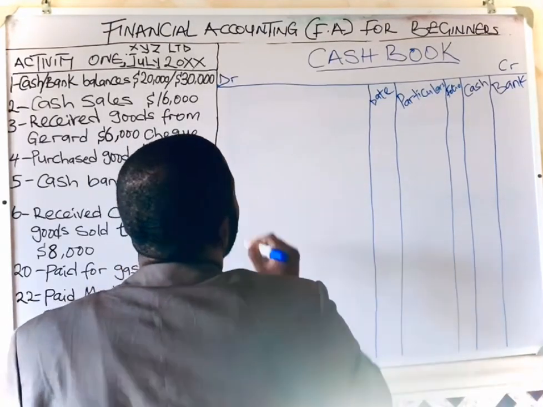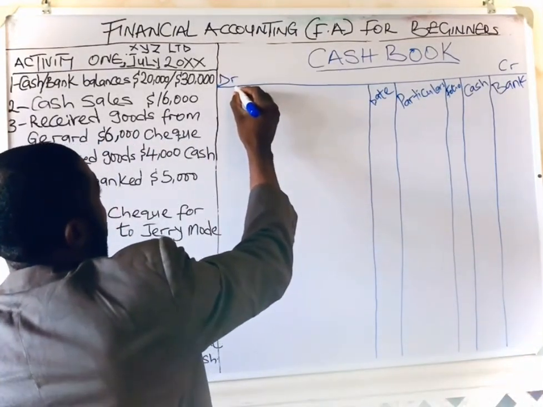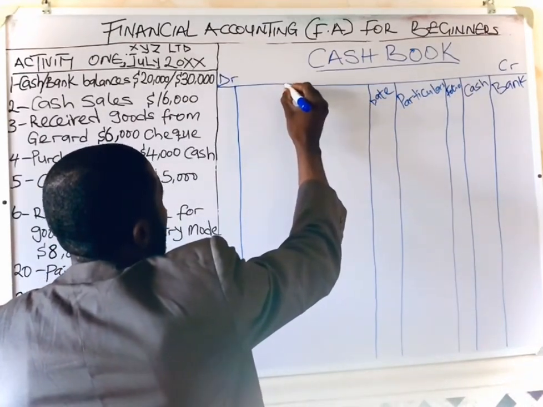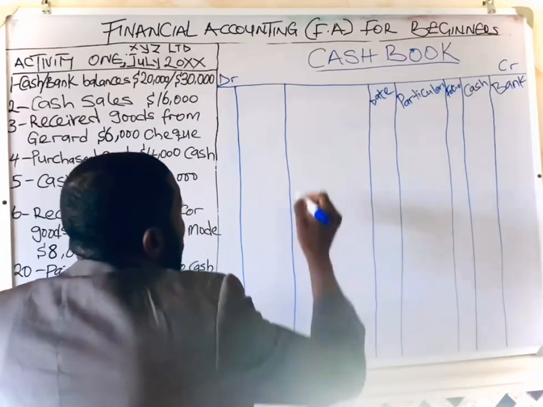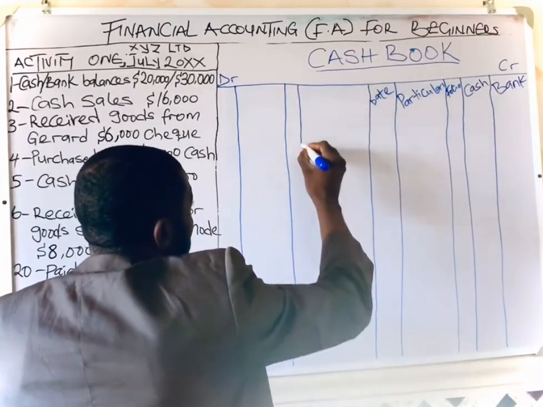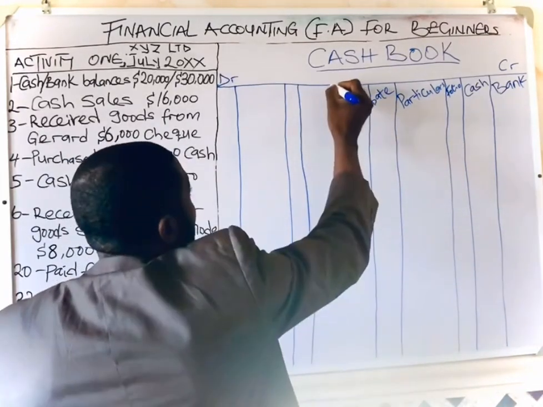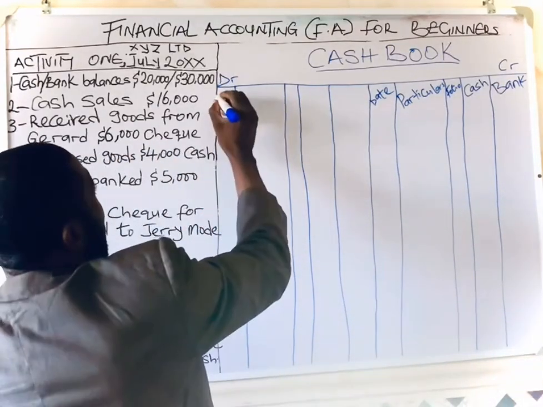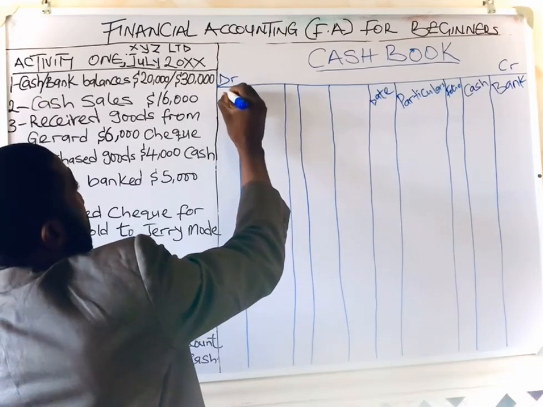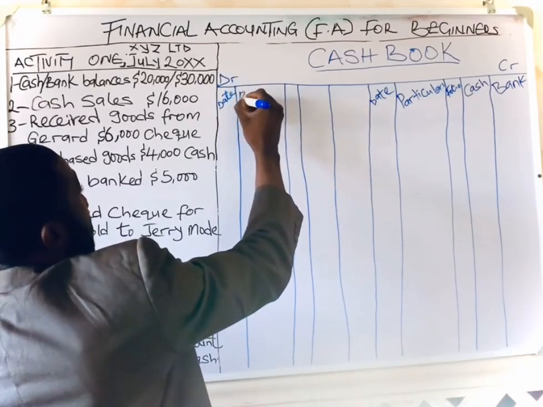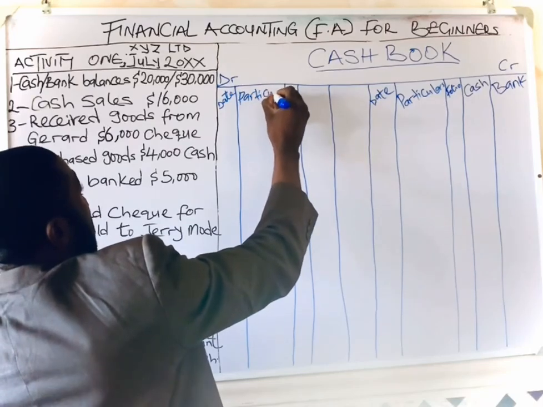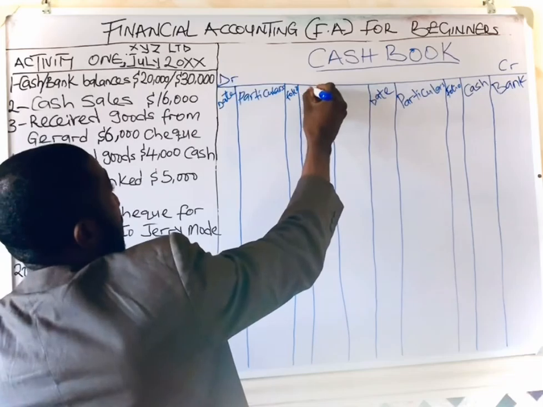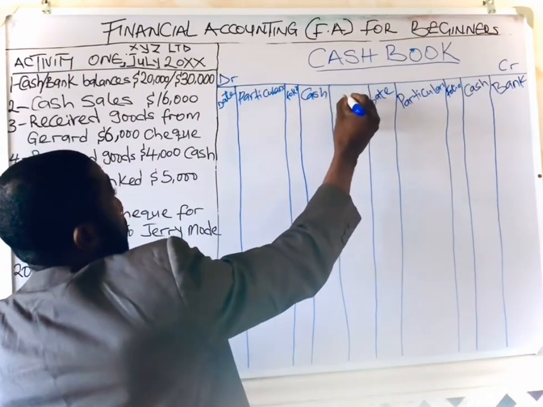And here we have our dates, particulars, folio, cash and bank. Very simple. Dates, particulars, folio, cash, bank.